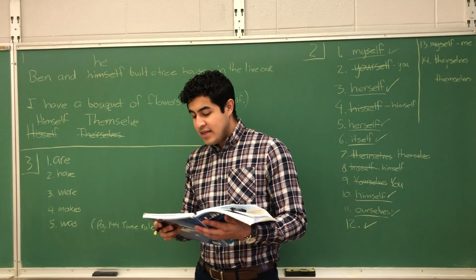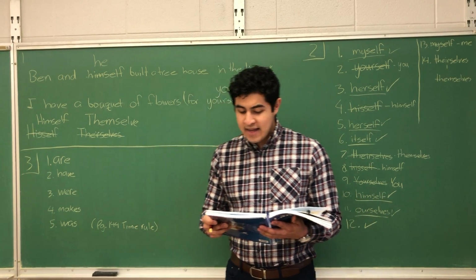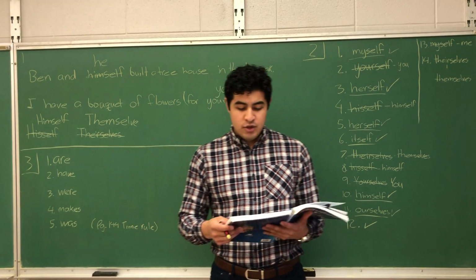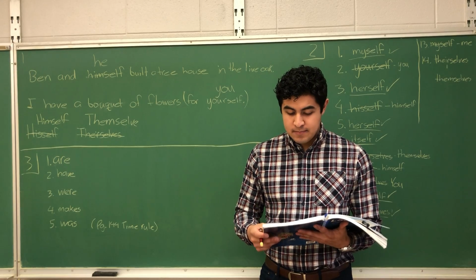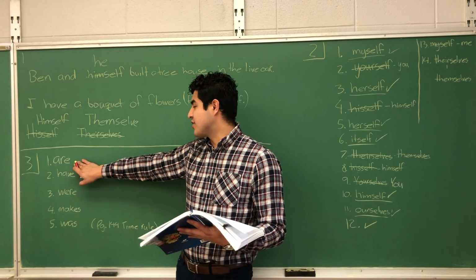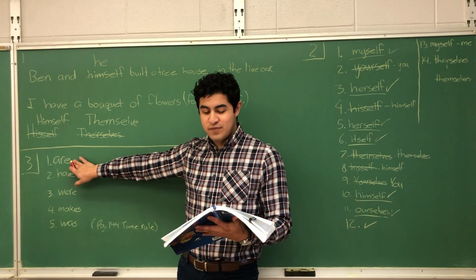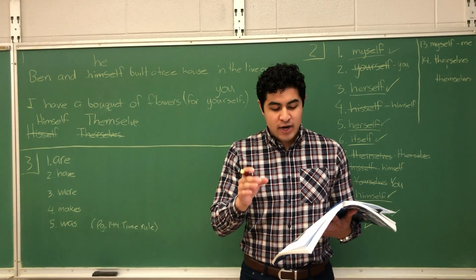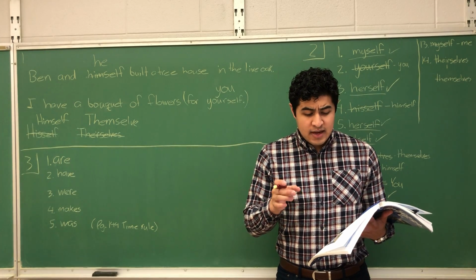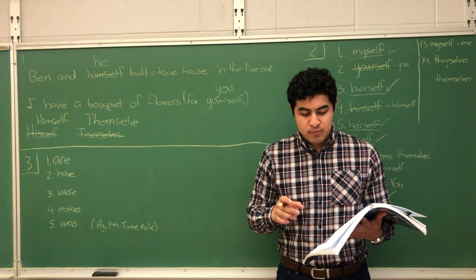Number 2, neither Brian nor I blank ever gone whitewater rafting. Again, you have another compound. I'm sorry, I said singular here. Neither Brian nor I have ever gone whitewater rafting before.